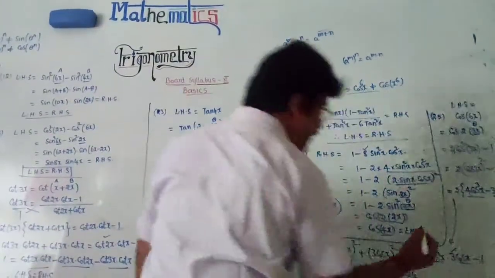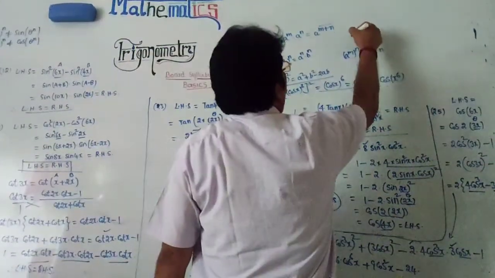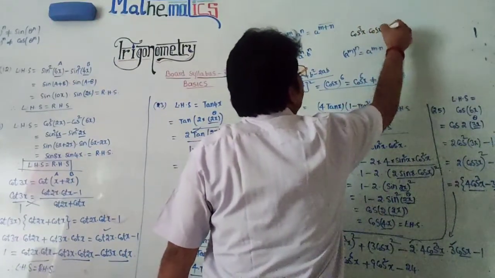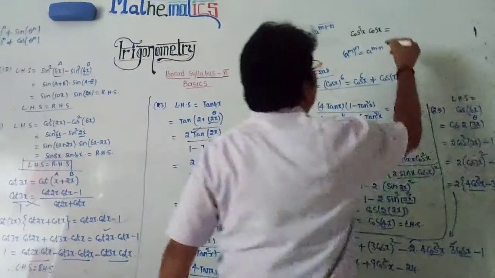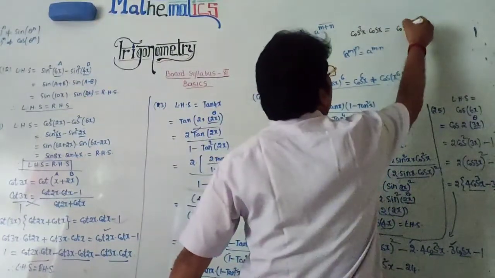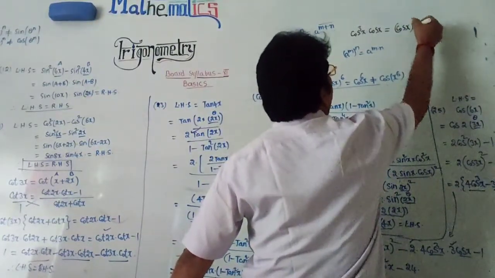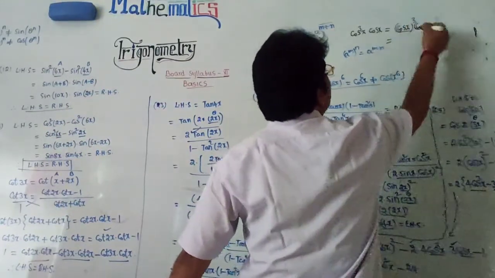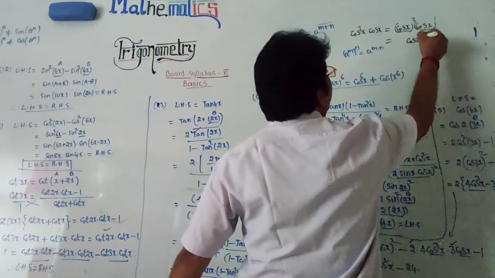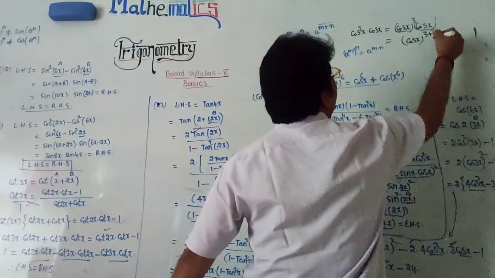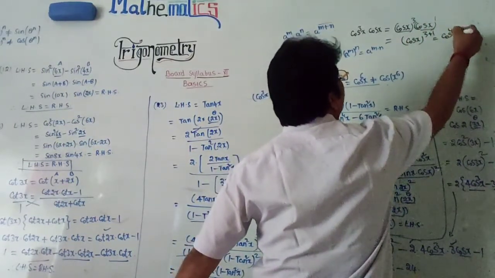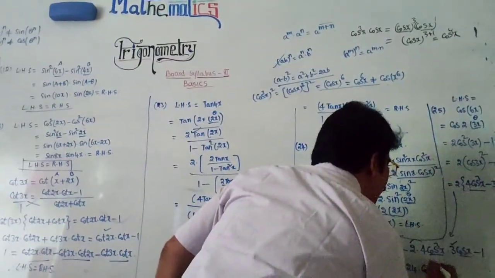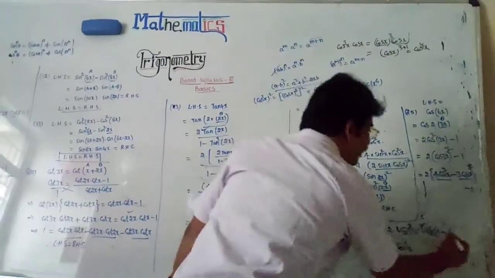So cos cubed x into cos x: the bases are same, add the exponents, 3 plus 1, that is cos to the power of 4x. Thus the product is cos to the power of 4x.